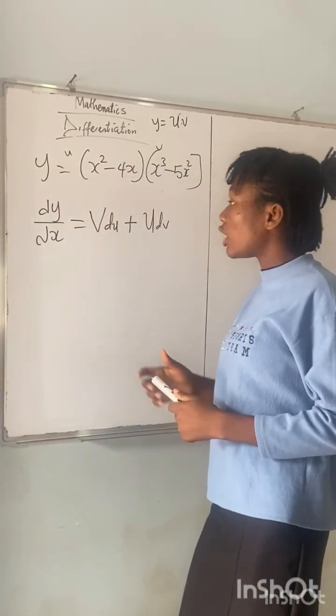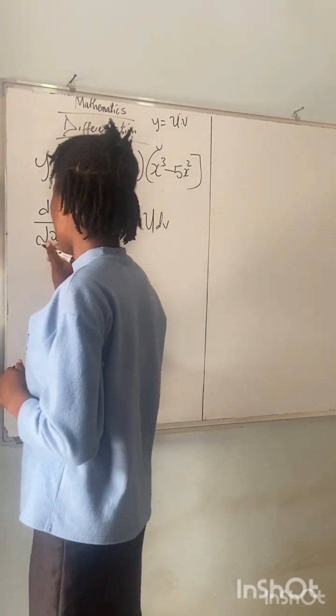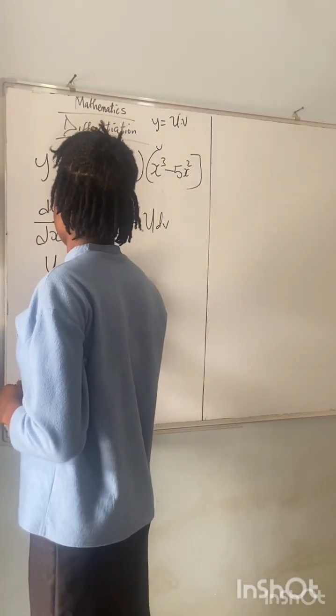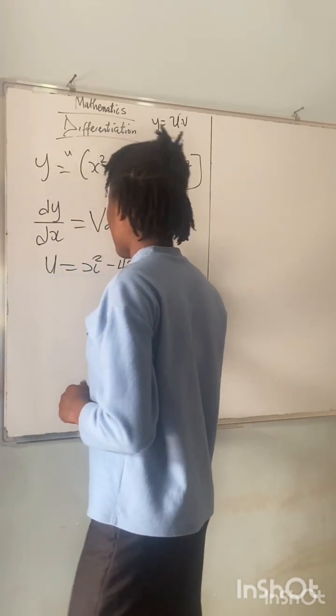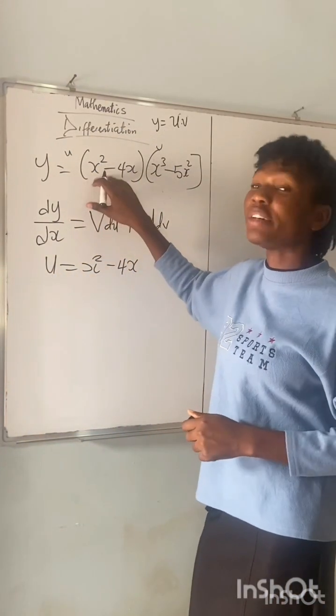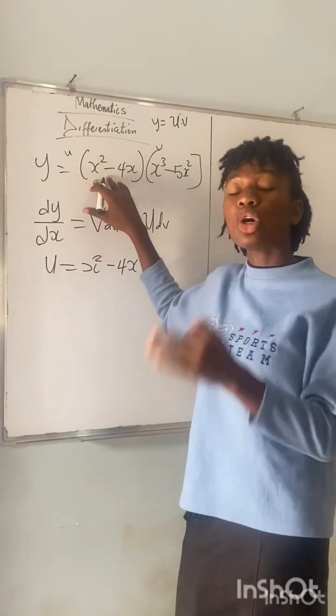Now let's apply that law on what we see here. Our u is x squared minus 4x. The first one is always your u.